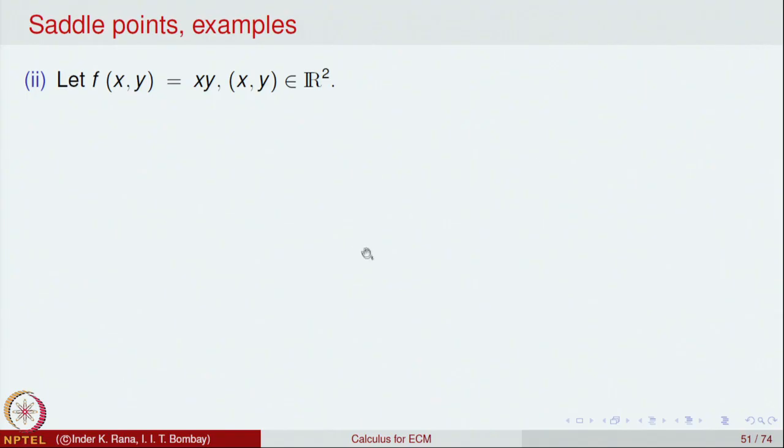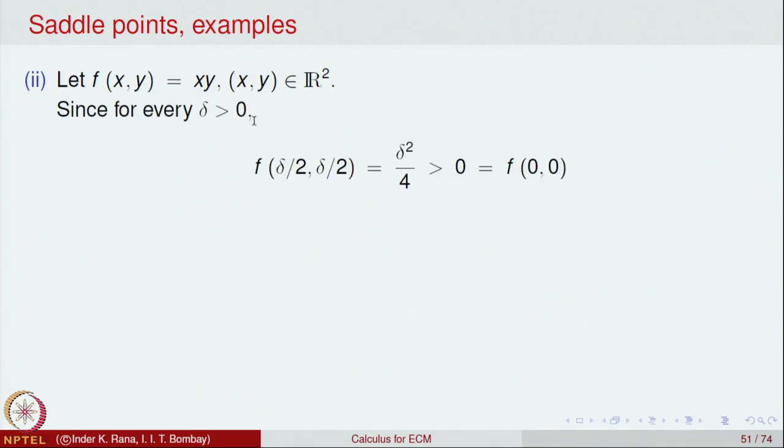Let us look at the function f(x,y) equal to x y. The domain of the function is the whole of R2, and for every delta, if I look at the value of the function at the point (delta by 2, delta by 2), then f(x,y) will be equal to delta square by 4, which is bigger than 0. At the same time, if I look at the value of the function at the point (minus delta by 2, delta by 2), then the value will be minus delta square by 4, which is less than 0.